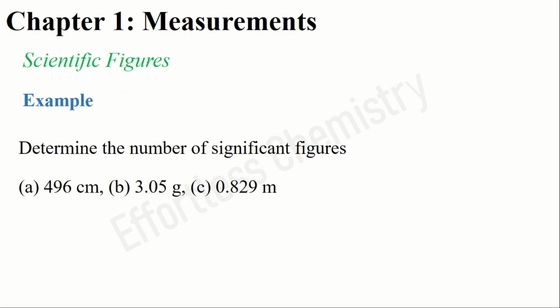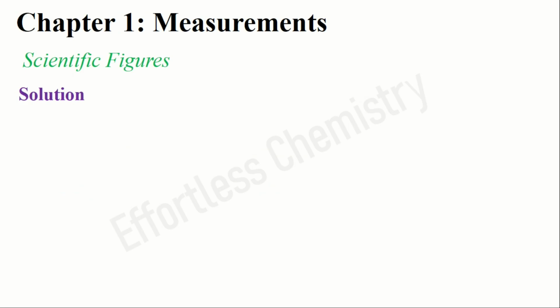So, as an example, determine the number of significant figures of the following numbers. Let's solve it together. For the number A, since we don't have any decimal point, we have three significant figures, because each digit is a non-zero digit.